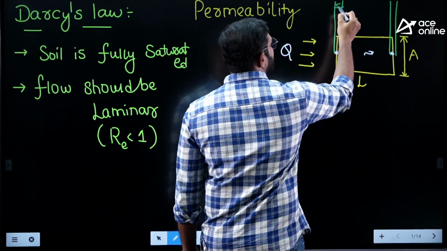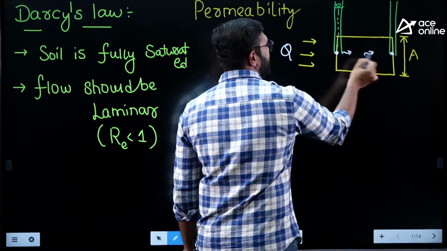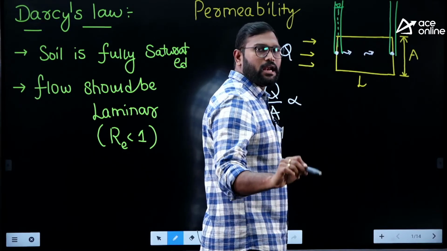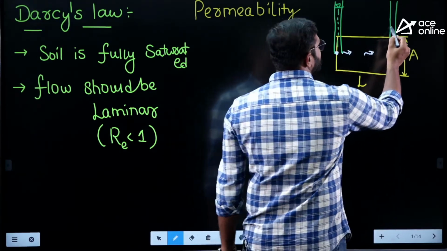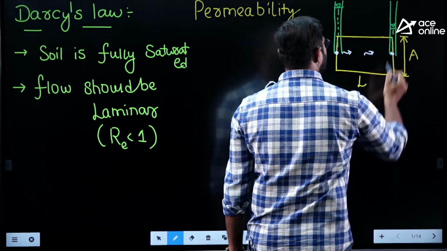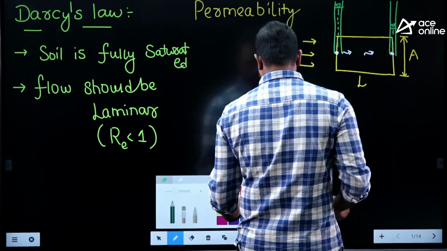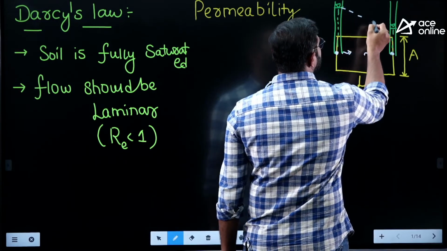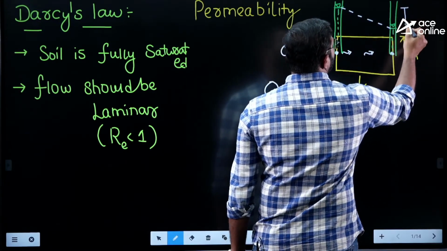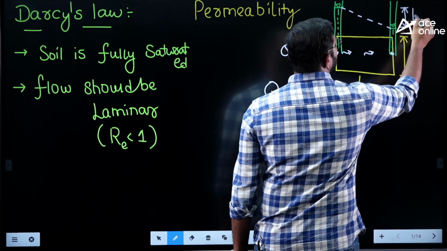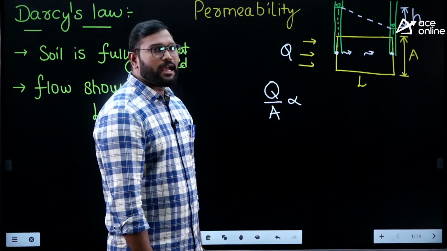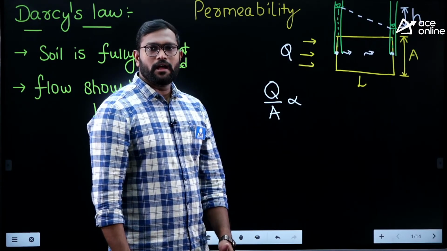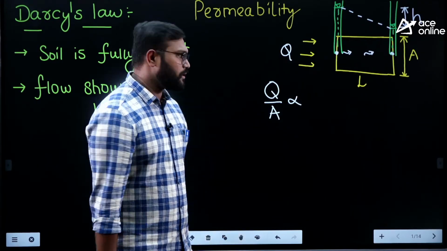Initially the water level has risen here, but as the water flows, due to the head loss, the water level in the piezometer falls. This line is known as the hydraulic gradient line, and the difference between these water levels is the head loss. The slope of that hydraulic gradient line we call the hydraulic gradient, which is H by L.